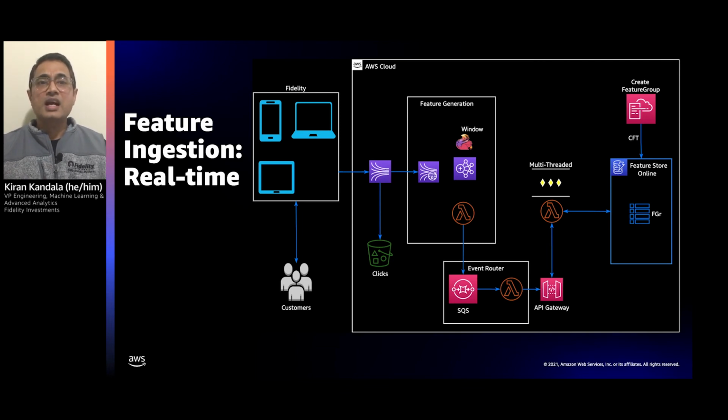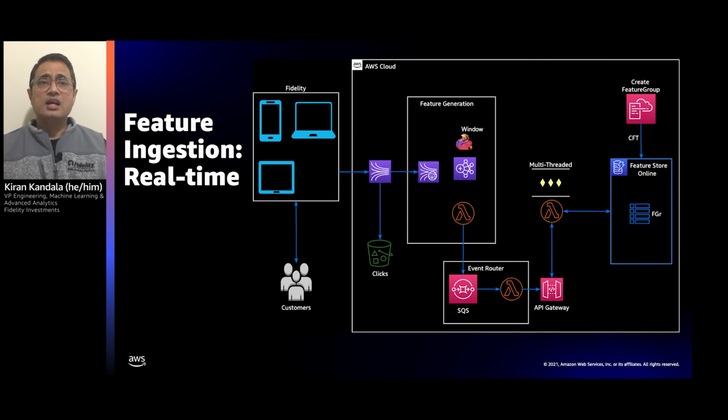When customers interact with Fidelity using digital channels, we capture those interactions as a stream of clicks. These clicks captured are then published to a Kinesis stream. We aggregate these features looking back over a 1 hour time window using Flink and EMR. Features are generated using this based on page embedding values and the clickstream data.